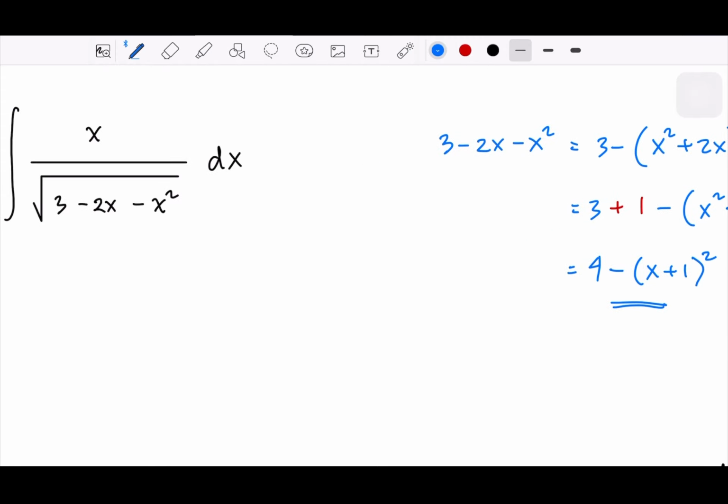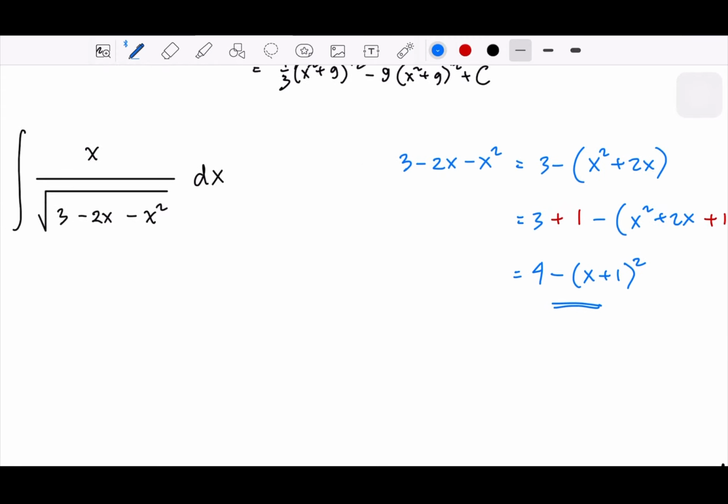So if we rewrite the form, this is still x, and this is 4 minus (x plus 1) squared. Still, we need to do something here.